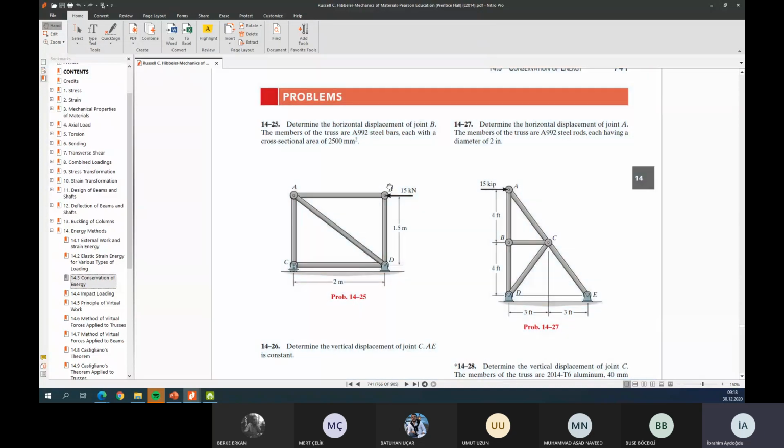All the members contain this material. Each cross section also has the same cross-sectional area, given as 2,500 millimeter square. So E is given, A is given. This is a truss, you can see. Maybe you remember from the statics course that for truss members, all members resist only axial force.